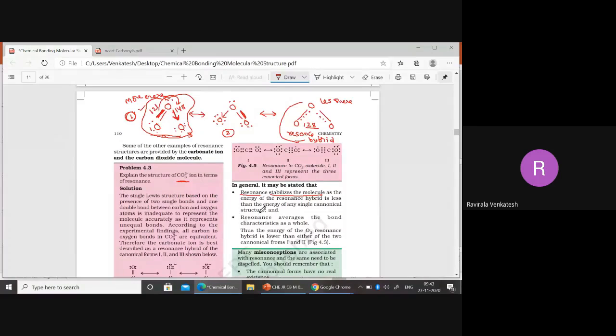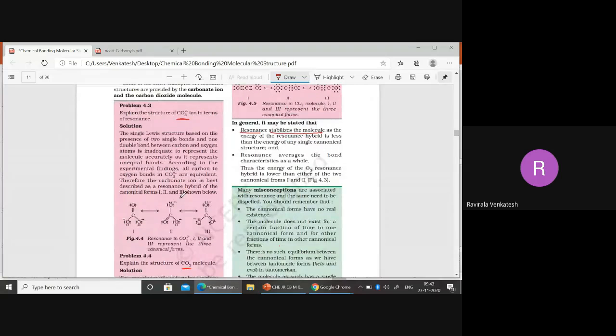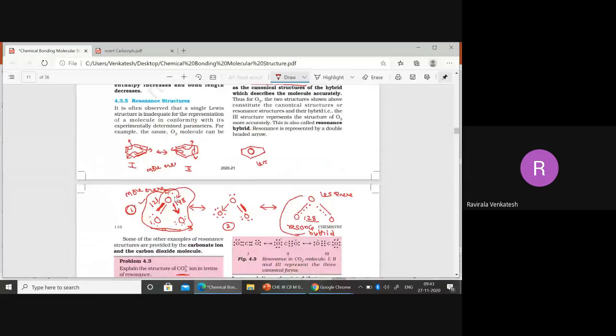The second point: resonance averages the bond character as a whole. You see here again, the bond length here is 121, the bond length here is 148. So what average value are you getting?